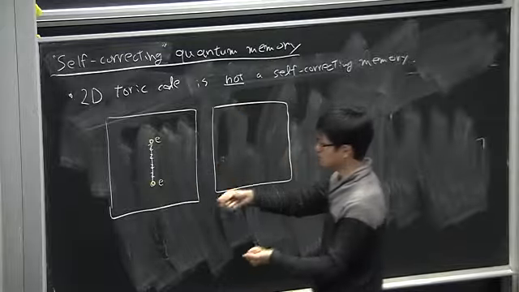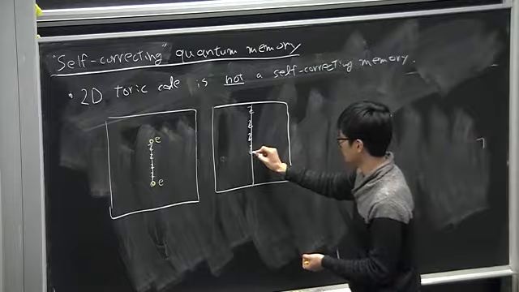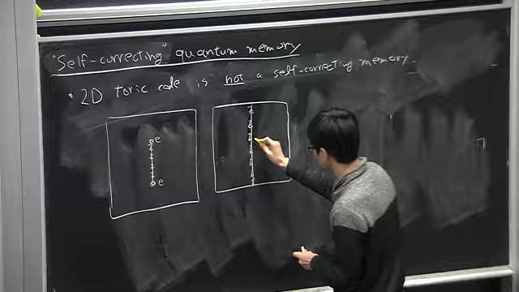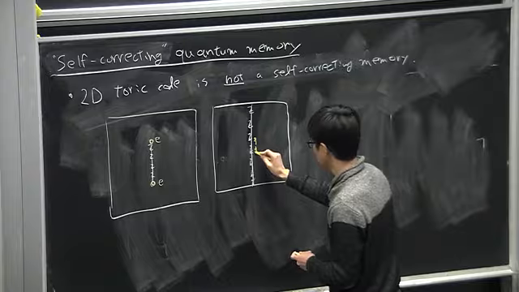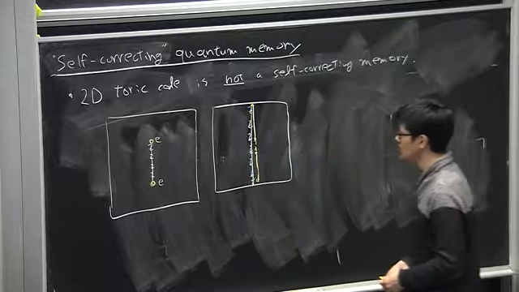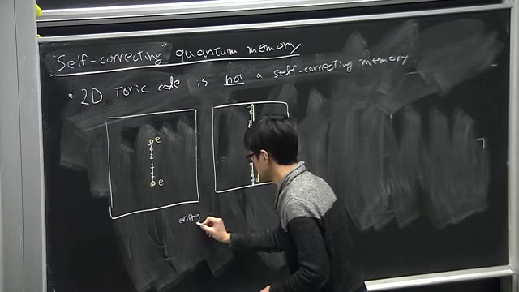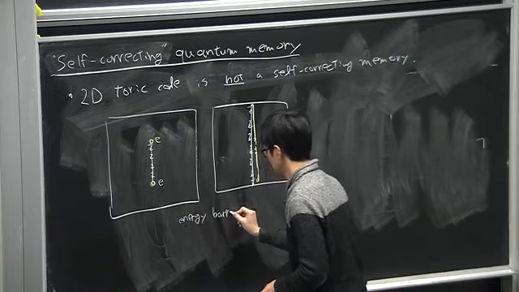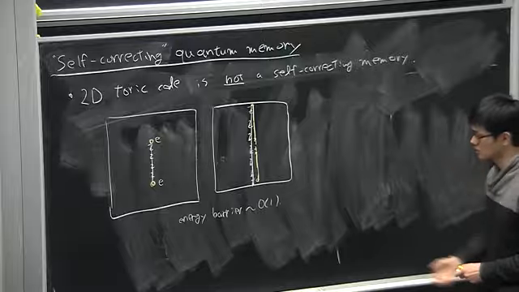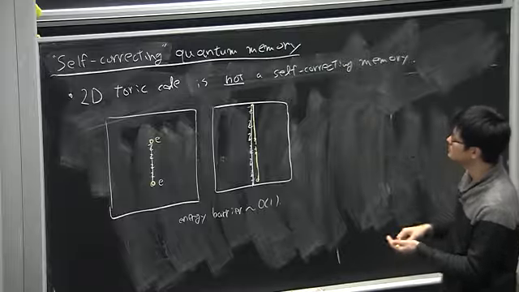Starting from the ground state of my system, implementing the string of Z operators physically corresponds to creating a pair of anionic excitations and then wrapping around the torus. This process has an energy barrier which is just order 1, right? Because throughout this process, we don't need to create a large energy state.